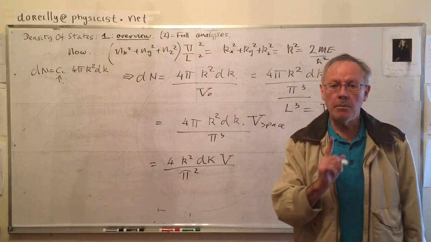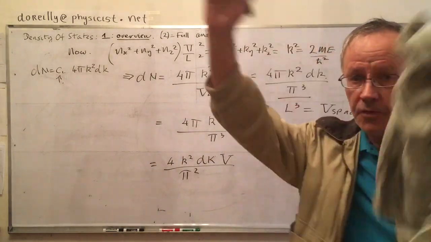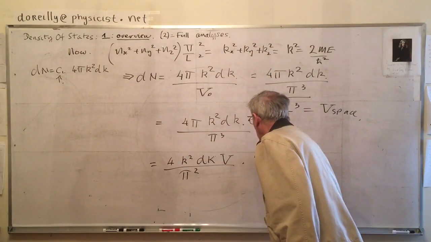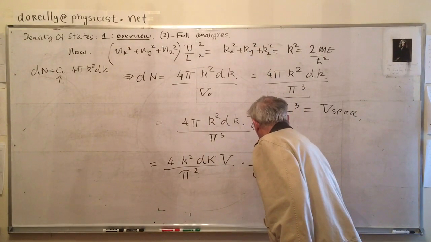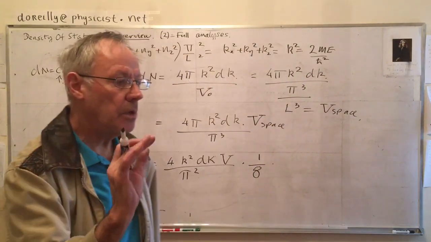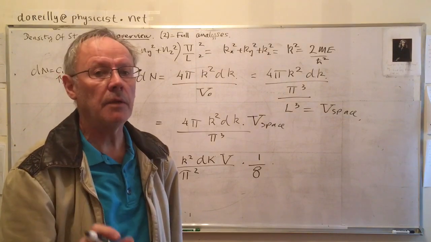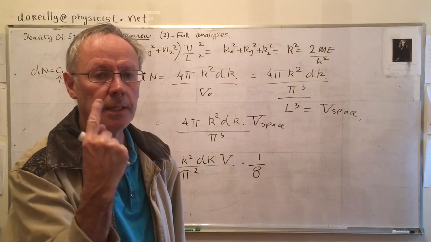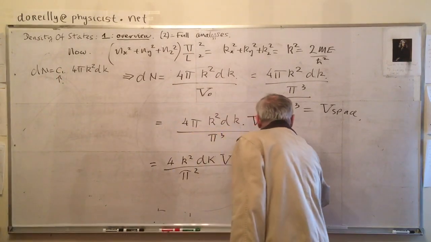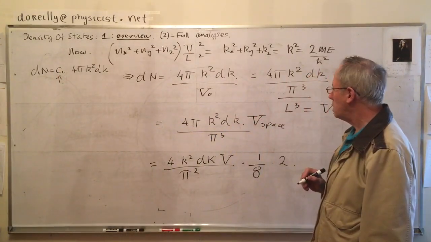Okay, now remember this is the volume of a whole sphere, but we only need the volume of an octant. So we have to divide by 8. Not only that, if these are electrons, we can have 2 electrons in each state, spin up and spin down. So we'll double that to account for the fact that the electrons have spin.